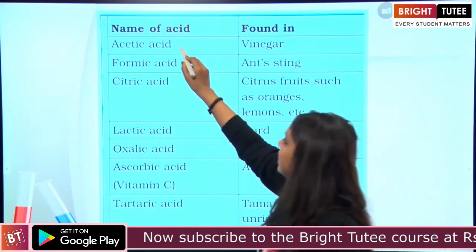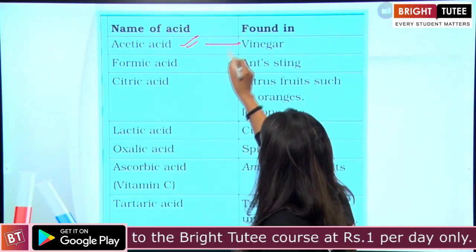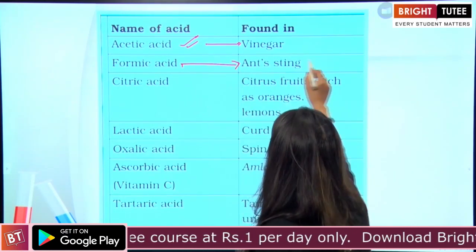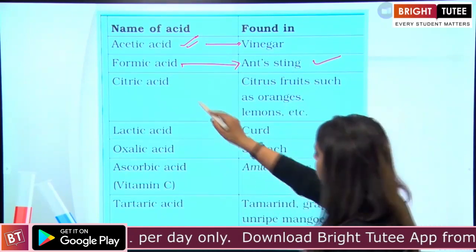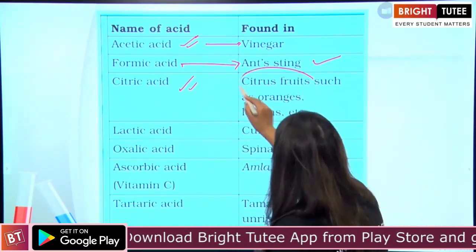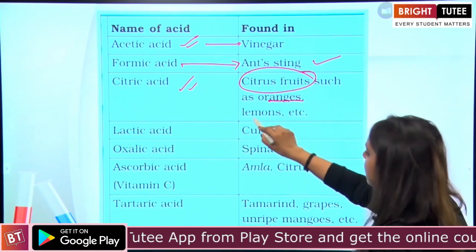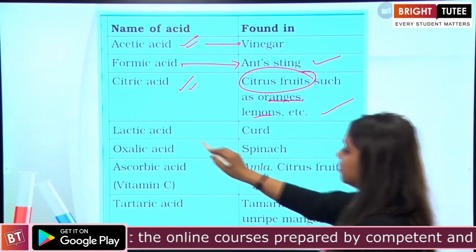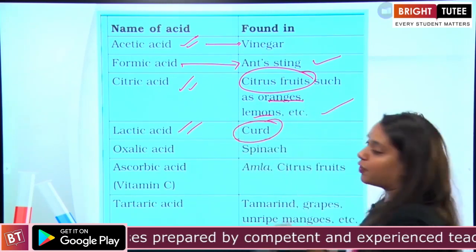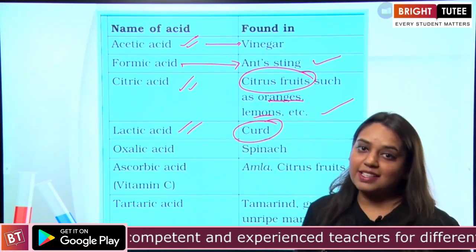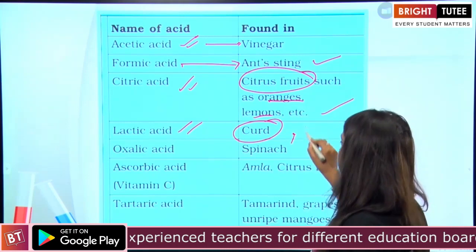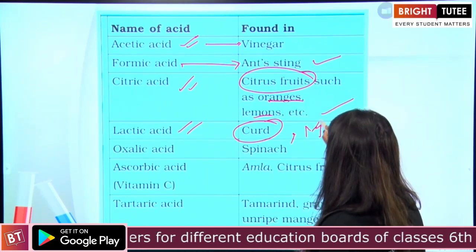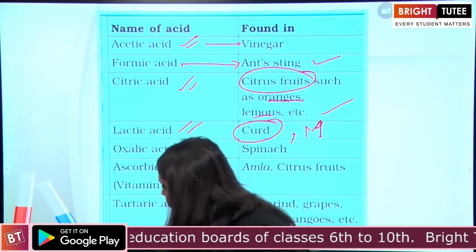For example, acetic acid is found in vinegar, formic acid is found in ants' sting, then citric acid is found in mostly citrus fruits such as oranges, lemons, etc. Then we have lactic acid. Lactic acid is present in curd, and we have also studied that lactic acid is also present in milk.